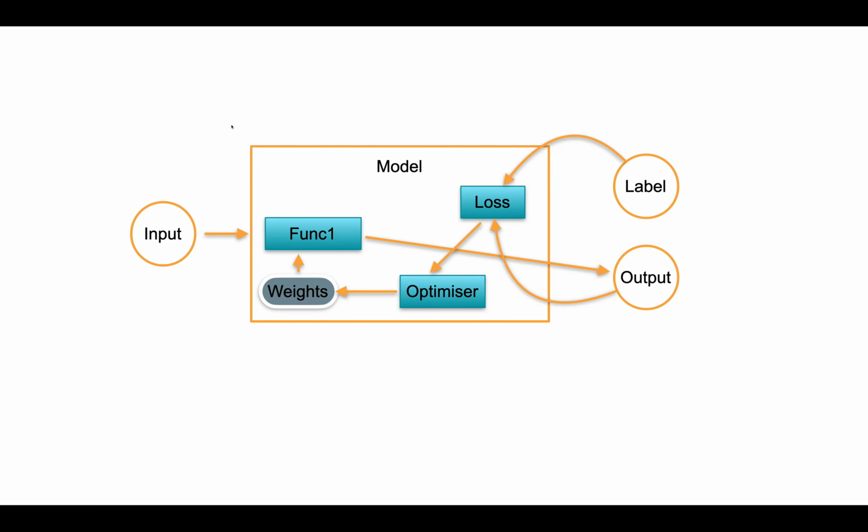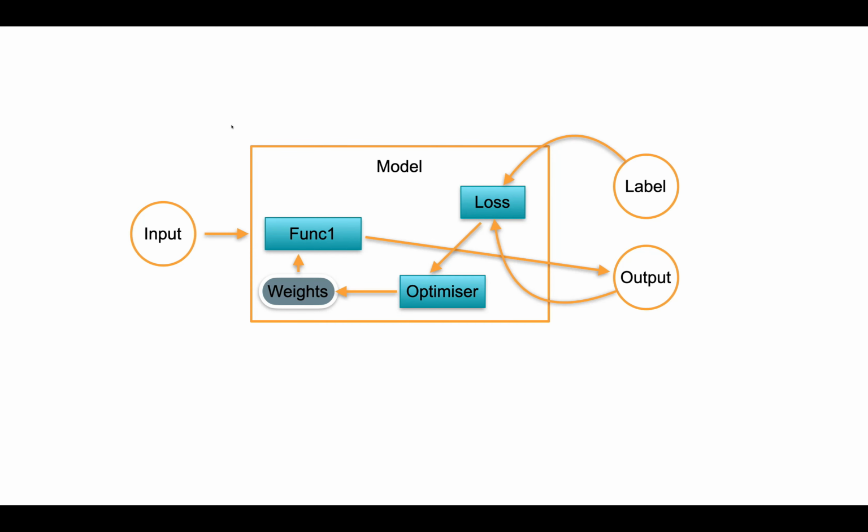It will evaluate, given the generated output and the actual values, how far they are from each other. Then, depending on what it found, it will inform another mechanism called the optimizer, which will say this is how good the prediction was, so can you please change the weights so that next time you will make an even better prediction.